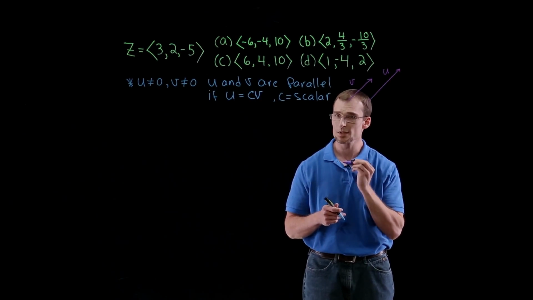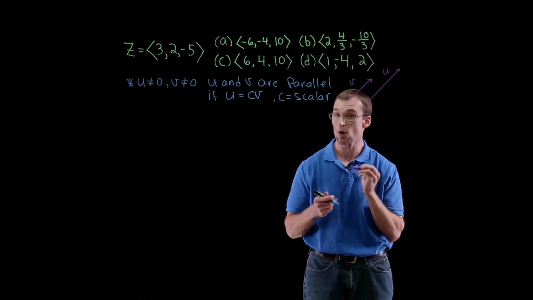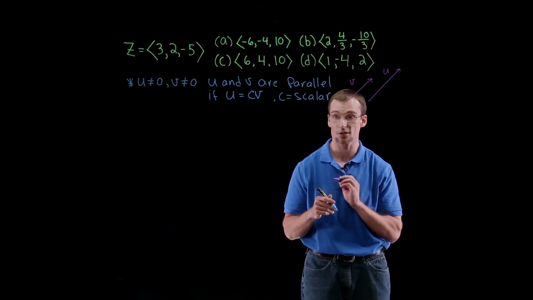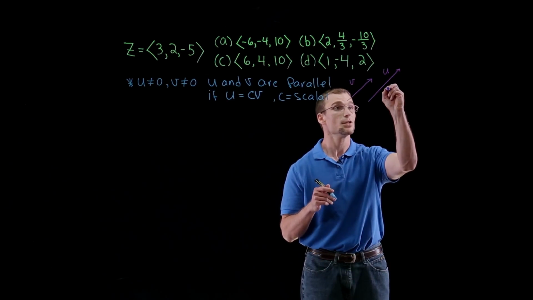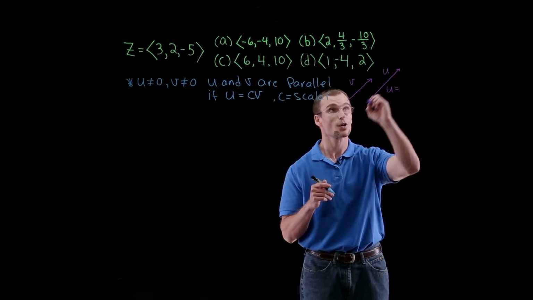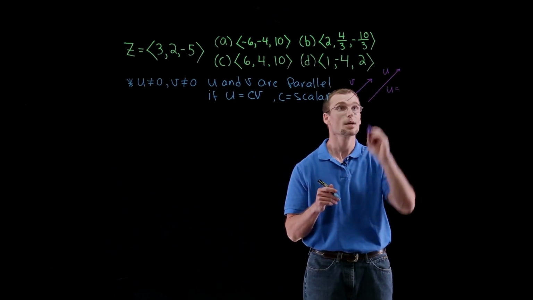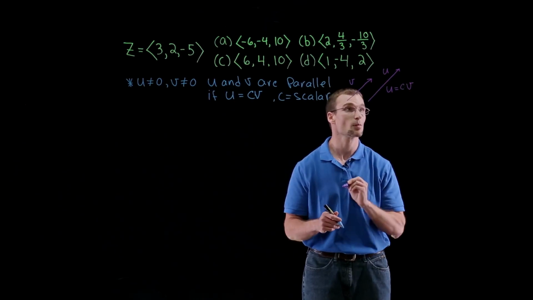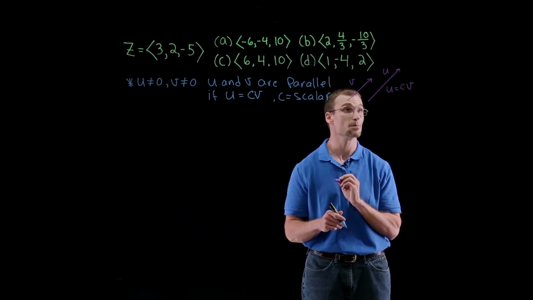Now, keep in mind, what does scalar multiplication with a vector do? All it does is change the length and possibly the direction, whether it's positive or negative. So this u is drawn parallel as best we can, but it's extended. It's just multiplied by some scalar of the vector v.